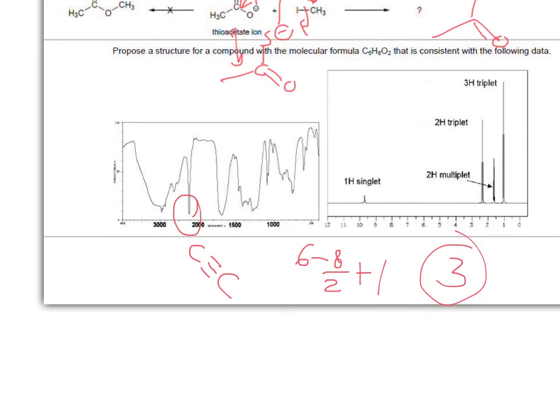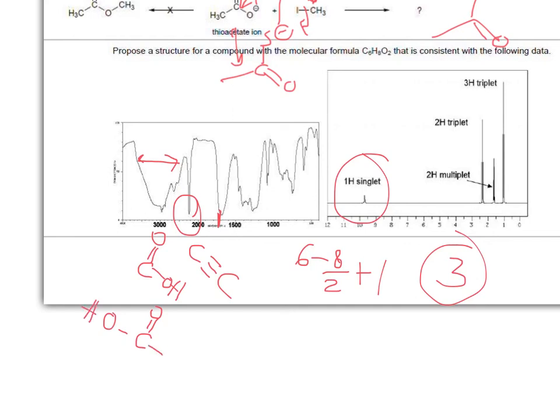You have a pretty broad peak in this center, and you also have a 1700, so that's reflective of a COOH, and I know that that's true because there is a peak almost close to 10, which is a COOH. So that's a terminal site.